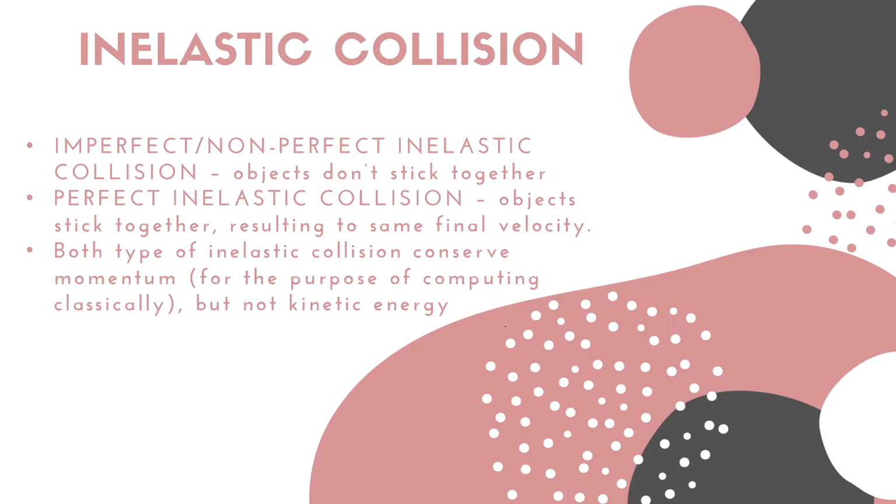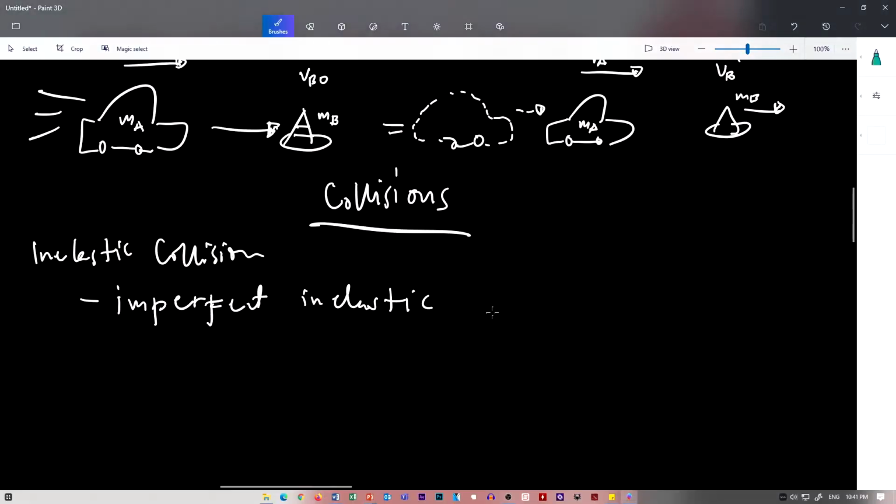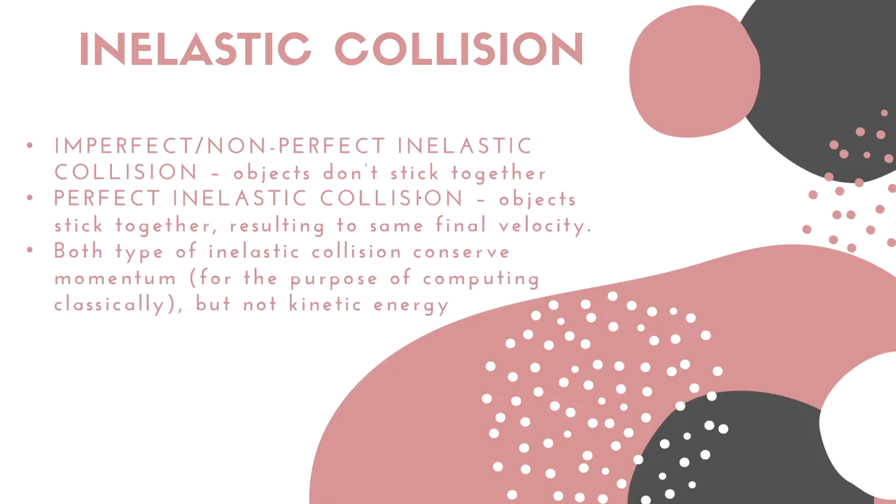So what that means is they don't stick together. So let's say you have this object, okay, then it will be moving to collide with this object. What would happen, what's the definition? They won't stick together.